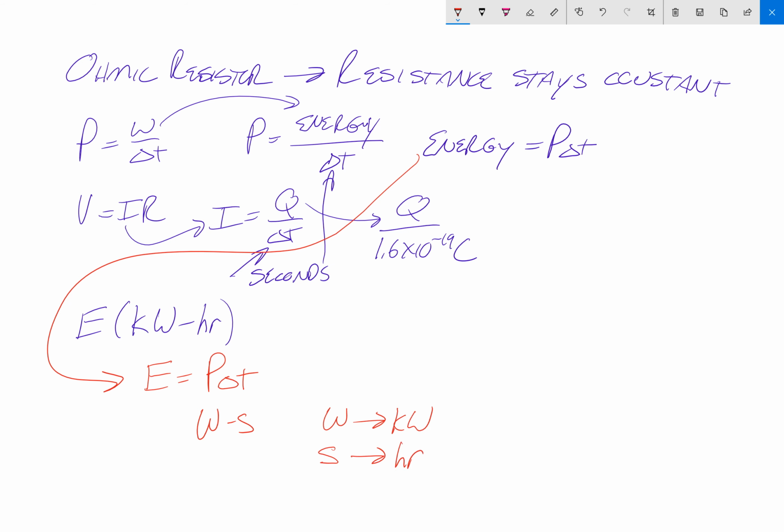So step one is to solve for the energy, but you have to make sure the power is measured in kilowatts and the time is measured in hours. Then you're actually multiplying kilowatts times hours. Then after that, we're going to take that and multiply by the dollars per kilowatt hour.